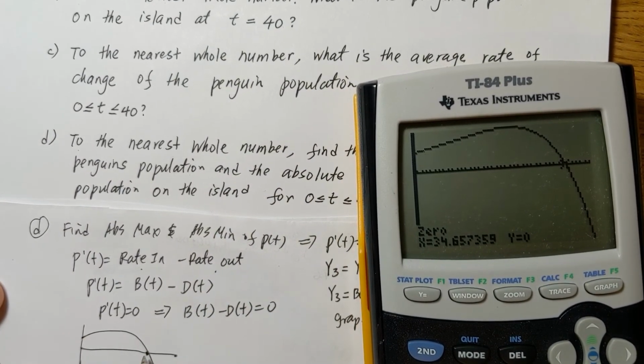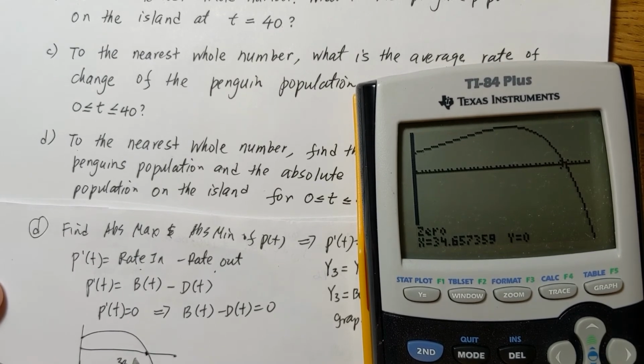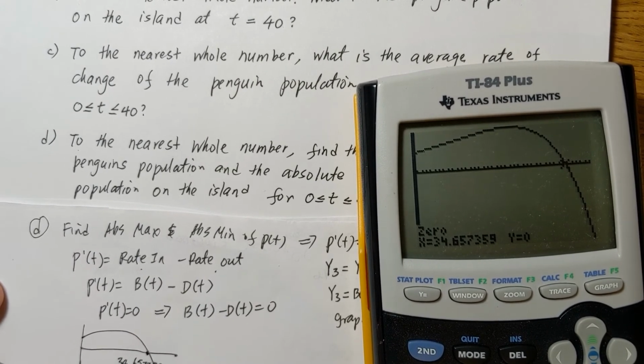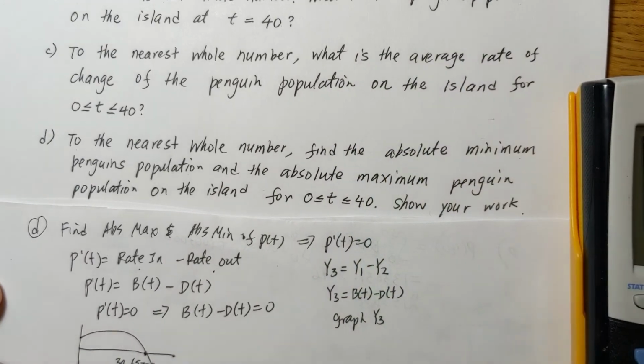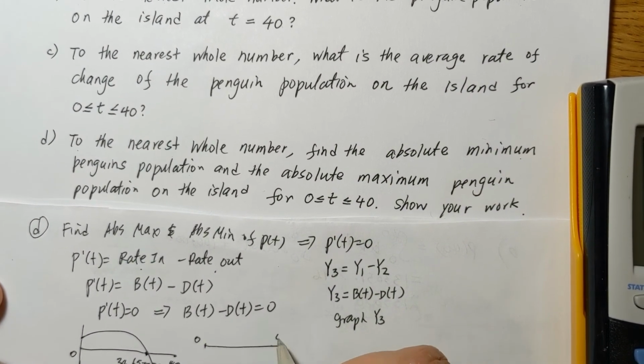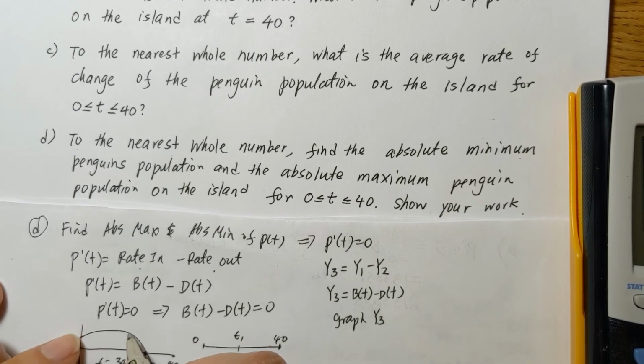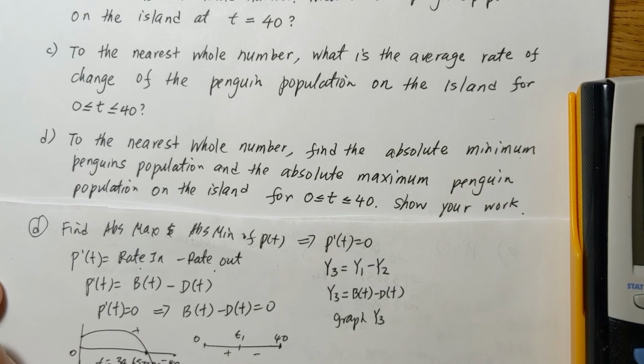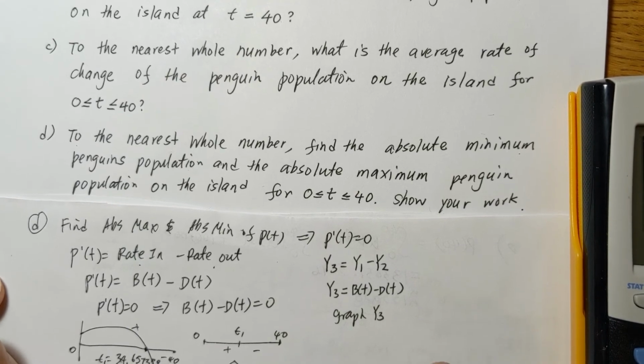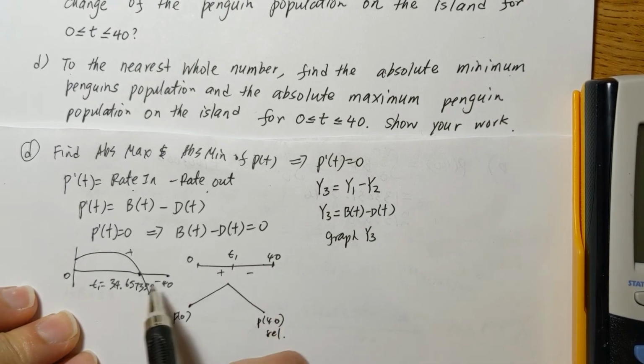Okay, so now let's make a simple sketch. It looks like this over here, 34.657359. So the simple sketch from 0 to 40, this is T1. We get positive, negative, positive, negative. So we just sketch this.